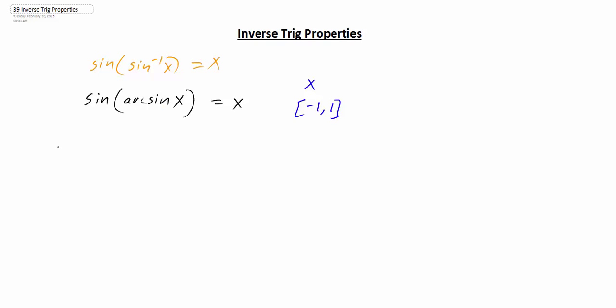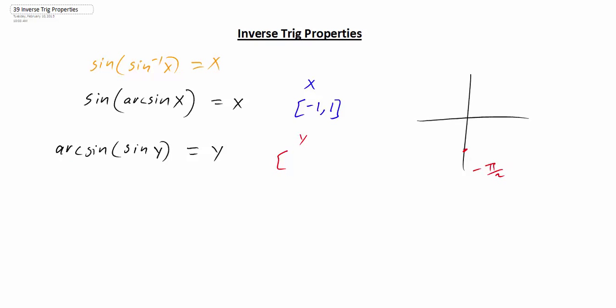Now, what if we state this the other way around? If we take the arc sine of the sine of y, this will be equal to y as long as our y value is from where? Well, if you recall, remember when I was drawing this unit circle type deal, and we said that the inverse sine or the arc sine is only going to give us answers from -pi/2 to +pi/2.